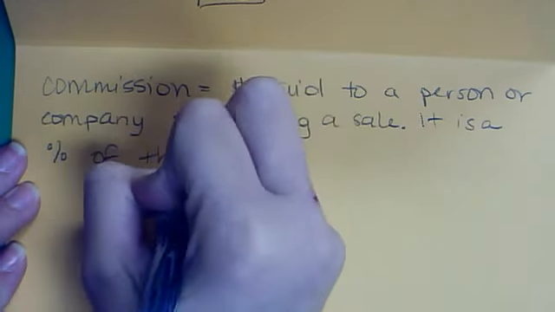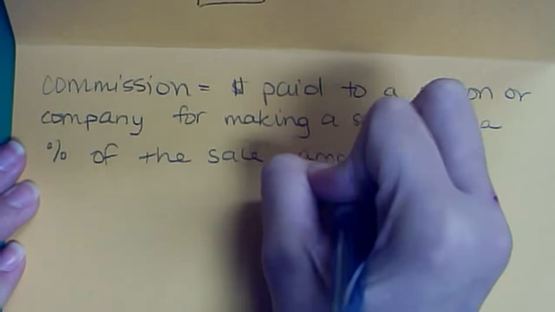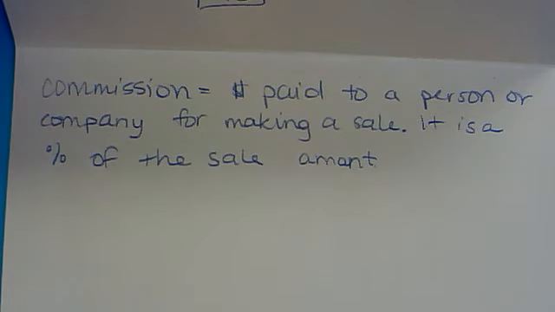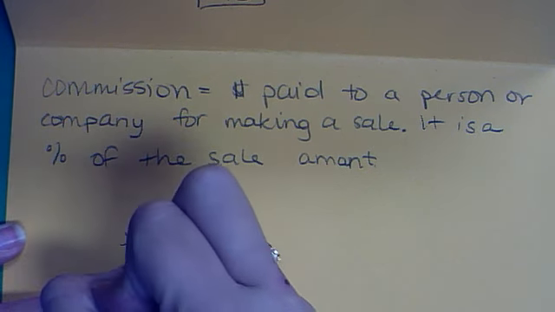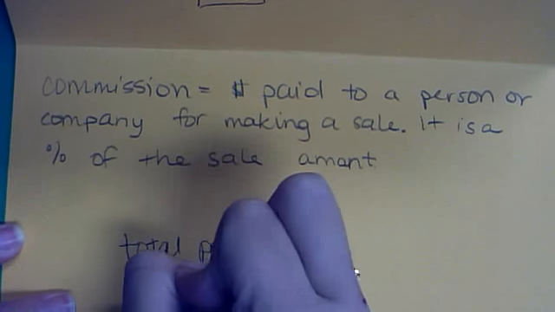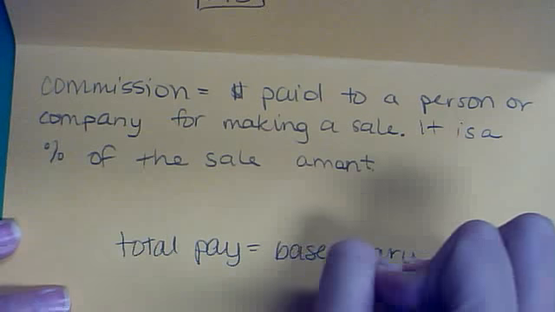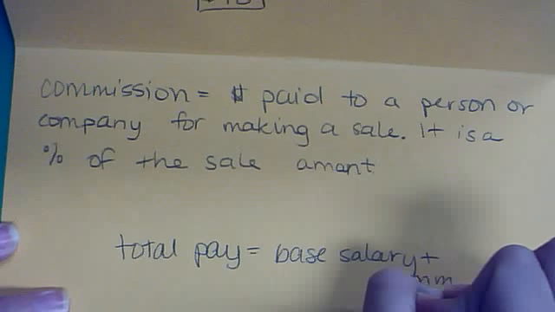So we figure out commission depending on the sales. That would be like someone who sells a car, or someone who sells a house, or clothes. A lot of things that are a sales type job, people earn commission. So they earn a base salary plus their commission, and that will equal their total pay. So total pay equals base salary plus commission.